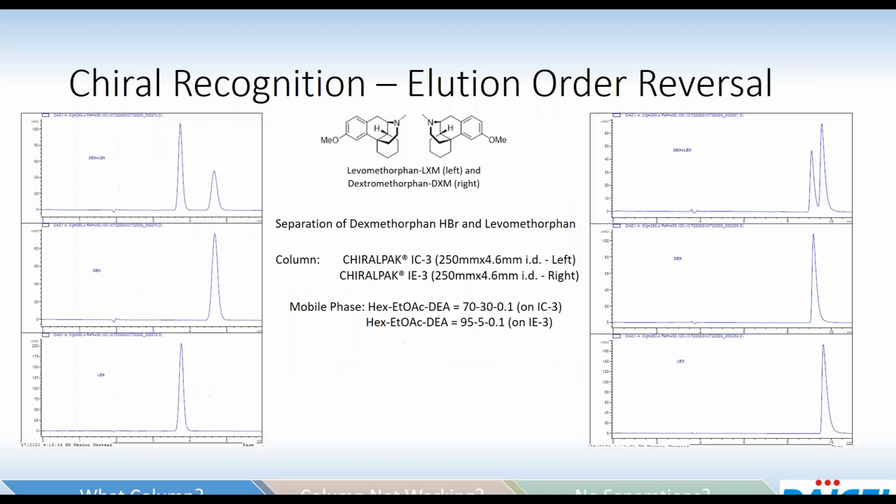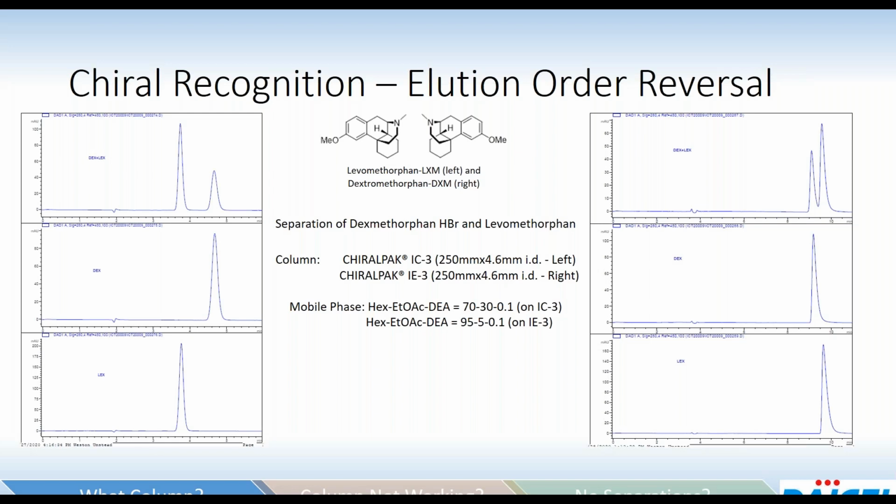Another example here on immobilized columns, just to demonstrate that it's not just a coated phenomenon. This is a separation of levomethorphan and dextromethorphan on Chiralpak IC, which is 3,5-dichlorophenylcarbamate cellulose. And if we look then at the 3,5-dichloro amylose analog, Chiralpak IE, we do actually, again, see reversal of elution order.